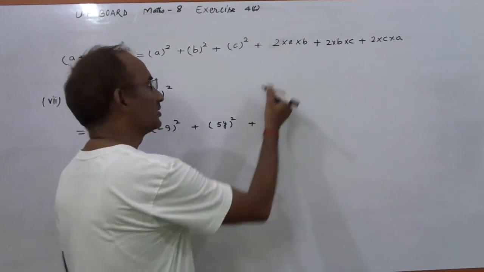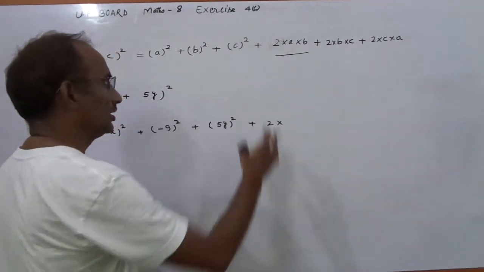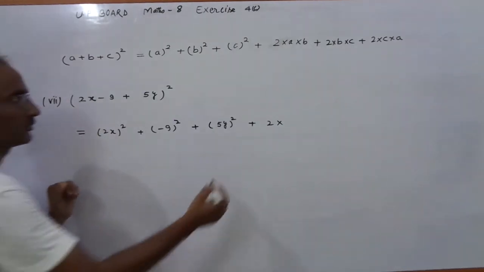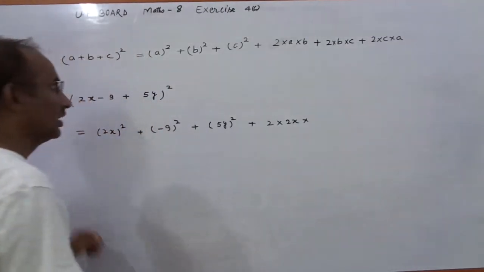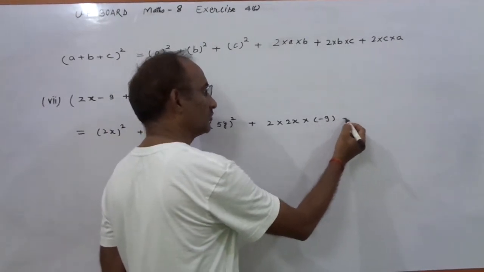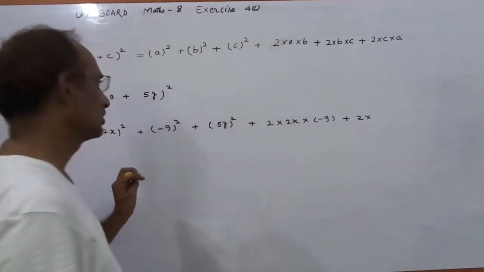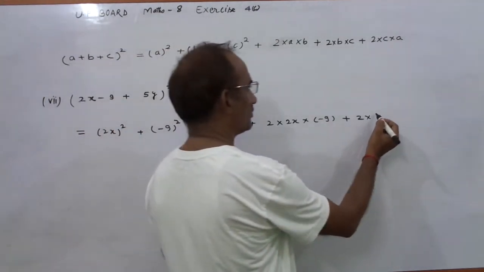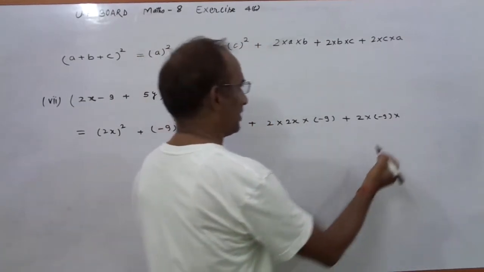And plus 2ab. It means 2 into a. The first term is 2x, so in place of a we write 2x, and in place of b we write -9, and plus 2 into the second term -9 and multiplied with the third term, so it is 5y.